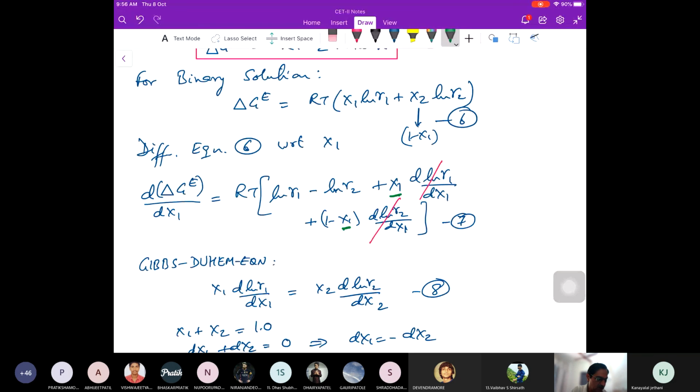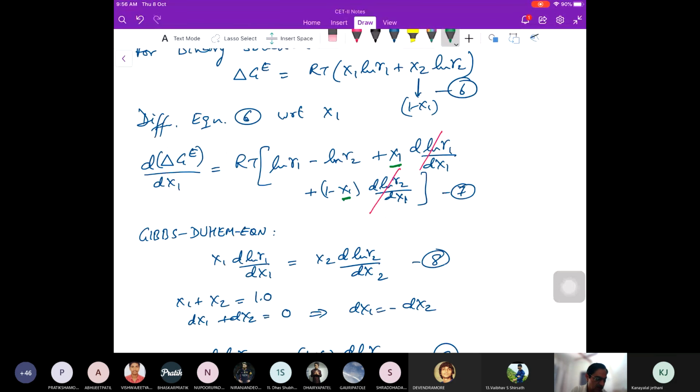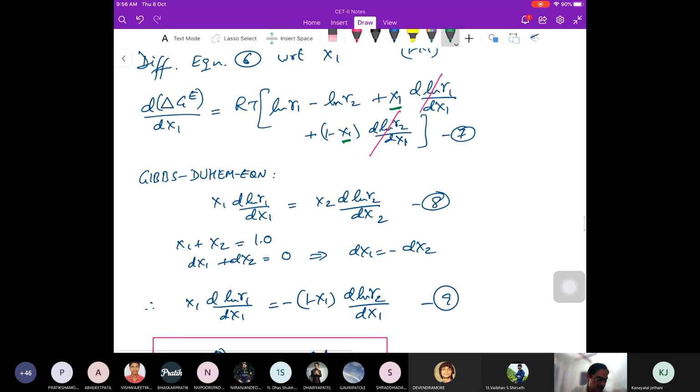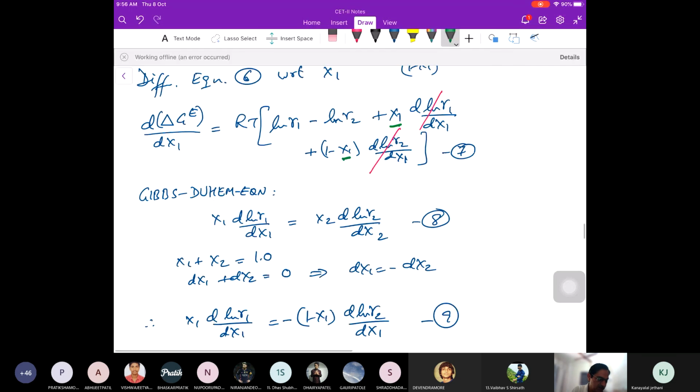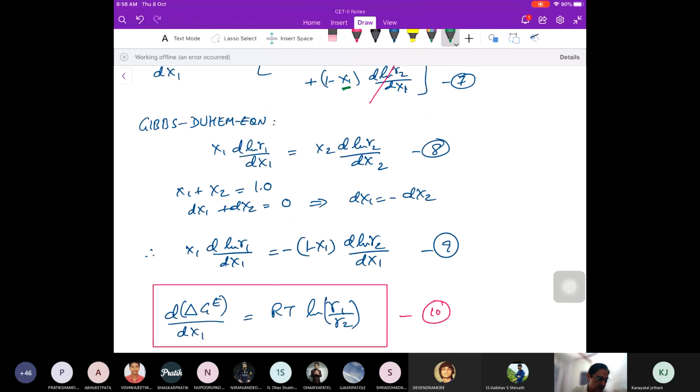And what we get by using the Gibbs-Duhem equation is x1 d ln gamma 1 upon dx1 is equal to x2 d ln gamma 2 upon dx2. Again same thing, x1 plus x2 equal to 1 and dx1 equal to minus dx2. We have seen this before. So x1 d ln gamma 1 upon dx1 is equal to minus (1 minus x1) d ln gamma 2 upon dx1.